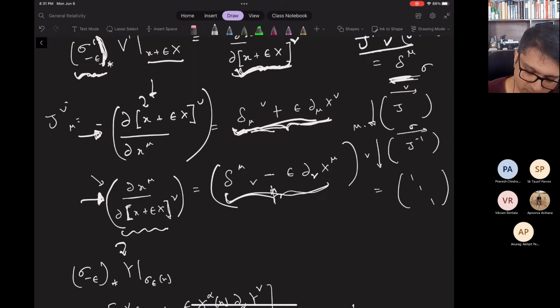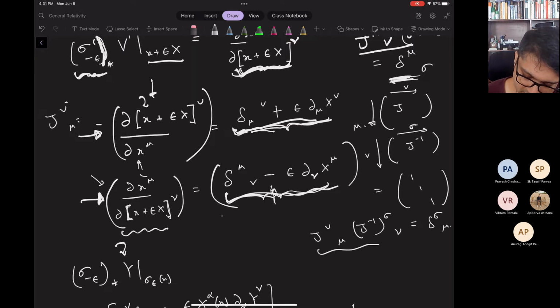Then I have J^ν_μ and J inverse with sigma and nu, and this should be equal to delta^σ_μ. Right now, the way I've written it, it looks like a guess.